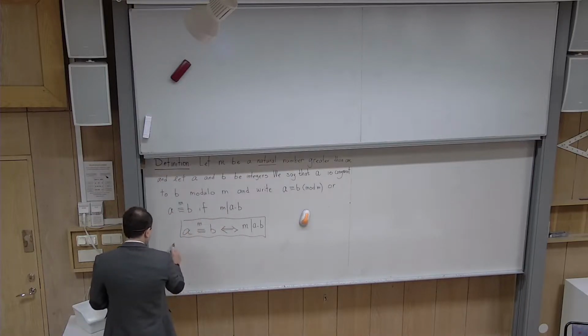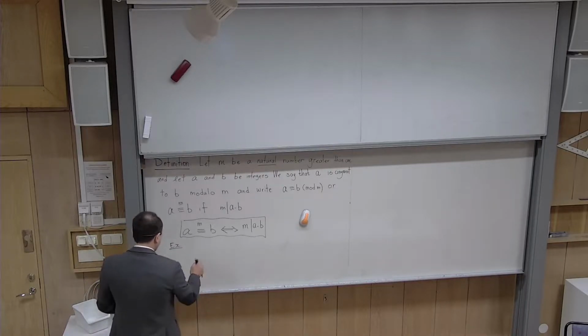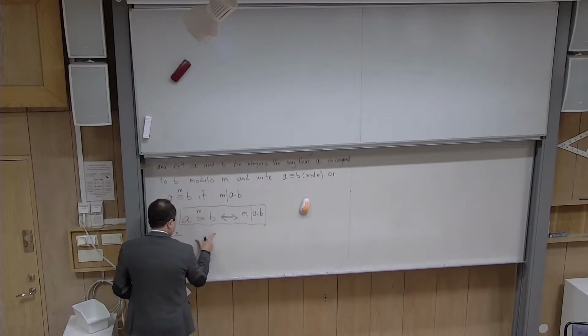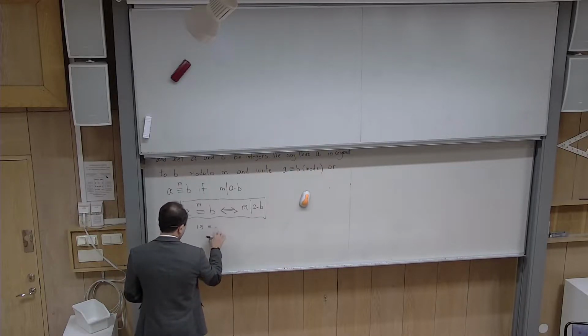For example, I can write 15 is congruent to, let me write first a simple one, 1 modulo 2.